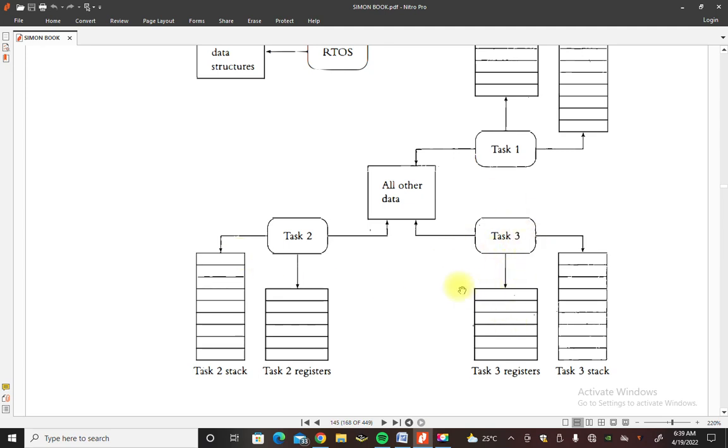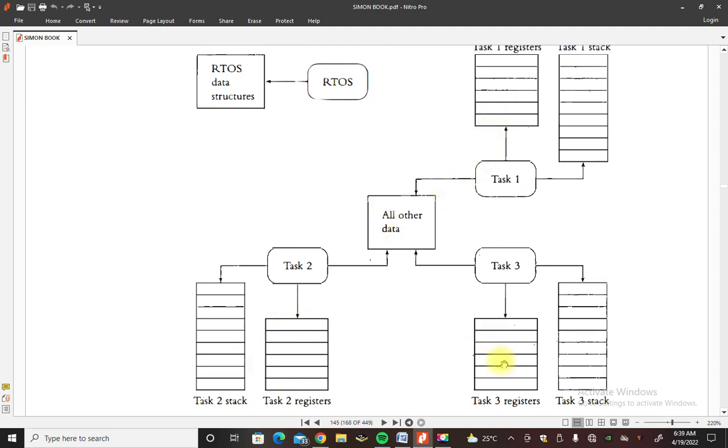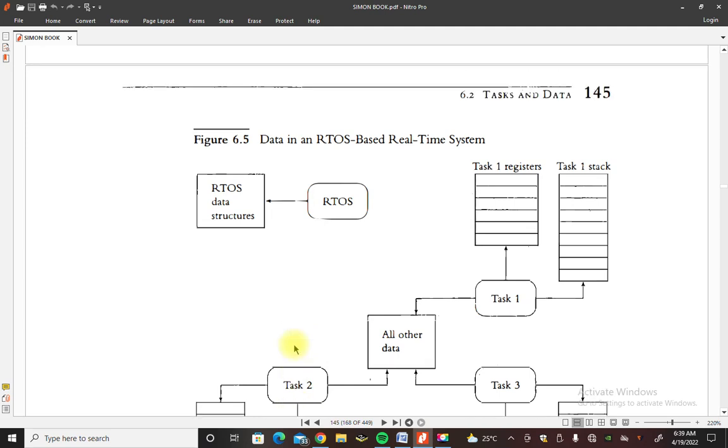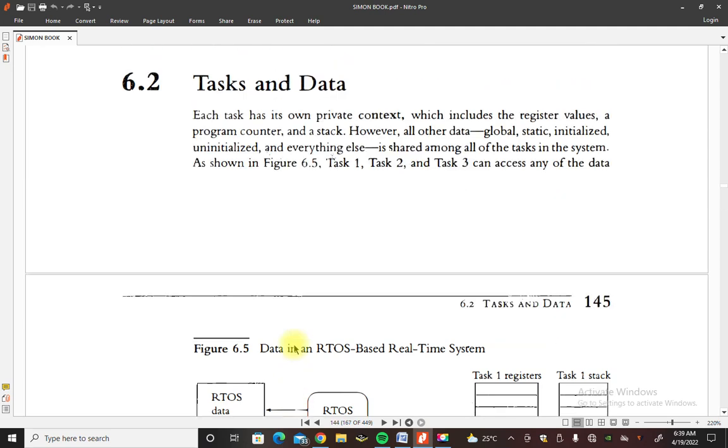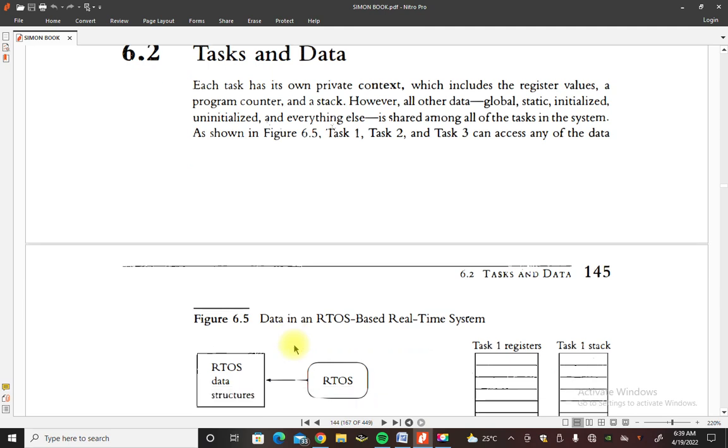Task 3 has its own separate registers and its own separate stack, and all the global variables are available here. These registers are dedicated to tasks, which helps in context switching, which reduces the return time from the interrupt service routine.